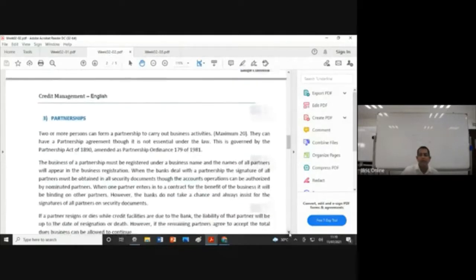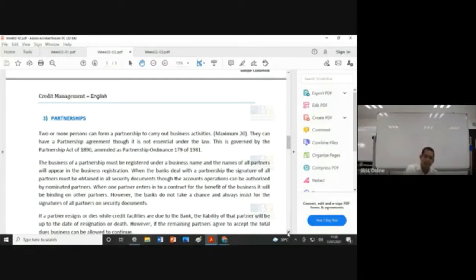Then comes partnerships. Two or more people, a maximum of 20 people, can come together to run a business. Here, you need to register a partnership. There can be a partnership agreement between them or no partnership agreement, but you have a registered business.